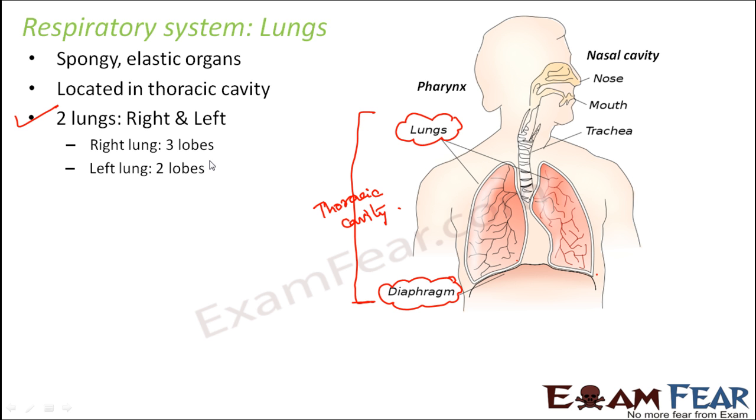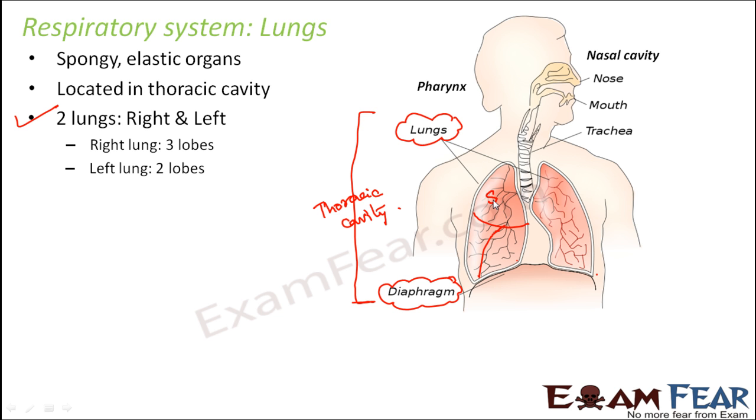Inside your house, you may have three rooms or two rooms, which are partitions dividing it into different compartments. Similarly, the lungs are also divided into compartments. So the right lung has three lobes. Let's say this is the right lung and it is divided into three compartments like this.